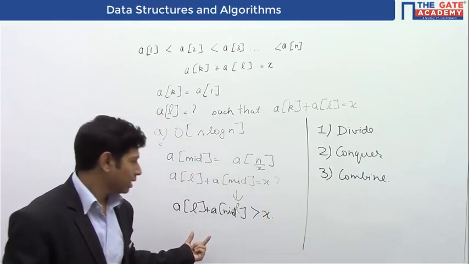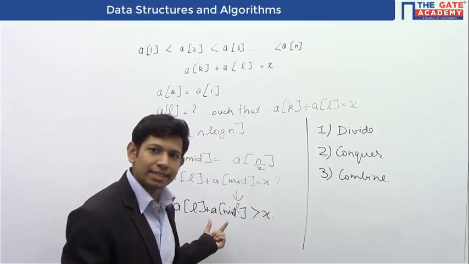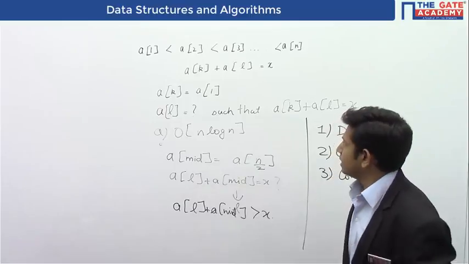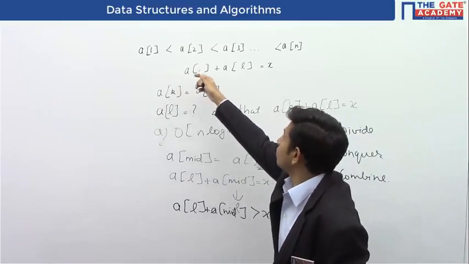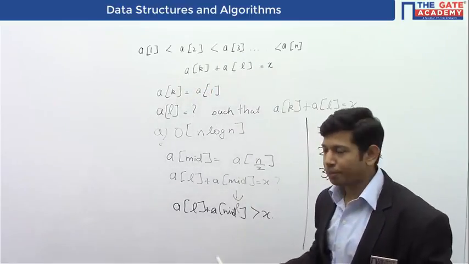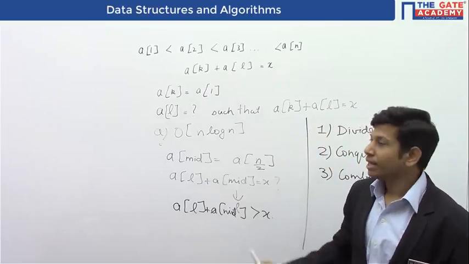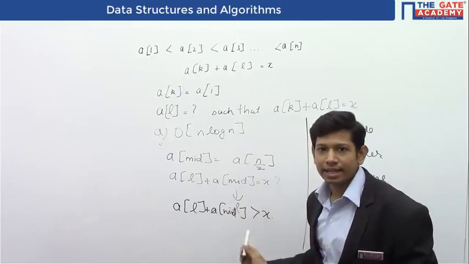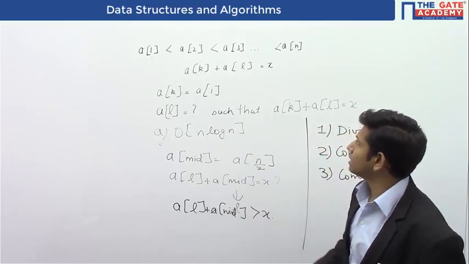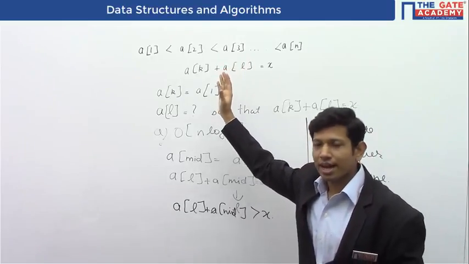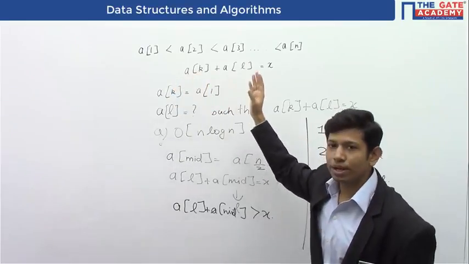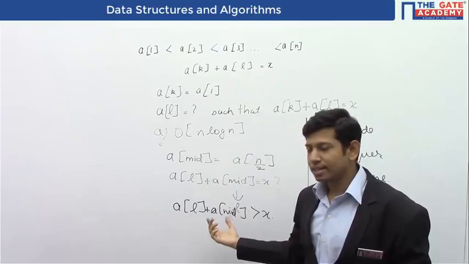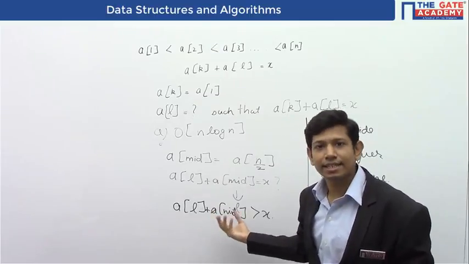Suppose this results in a value that is greater than x, then what are we going to do? See, this is the given array a1 to a of n. What we obtained was a of mid. Now suppose this a of L plus a of mid is greater than x. Then we need to search the array from a of 1 to a of mid, because the value of mid that we have obtained is resulting in a sum that is greater than x.